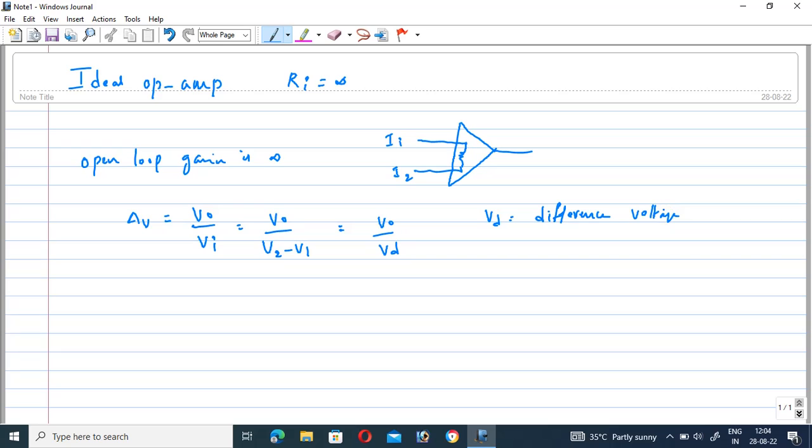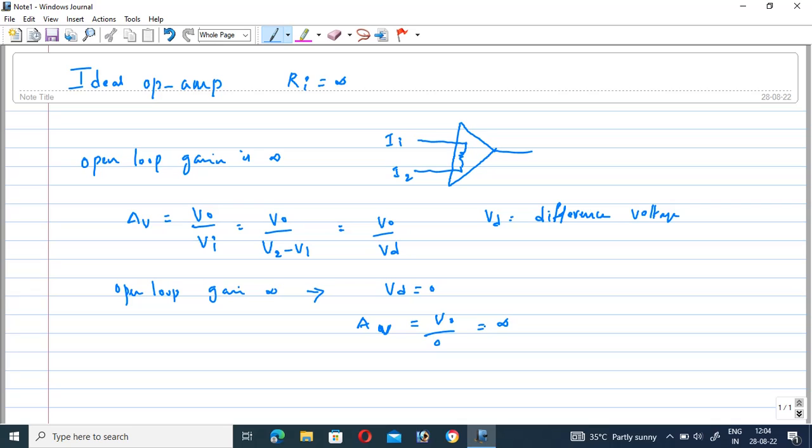If you want to satisfy the open loop gain infinity condition, VD must be 0, then only the open loop gain A is equal to V naught by 0, that is infinity.